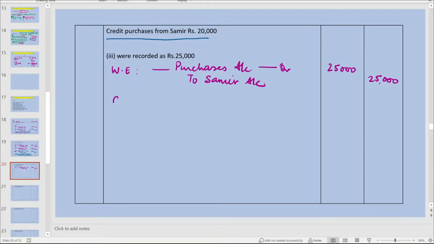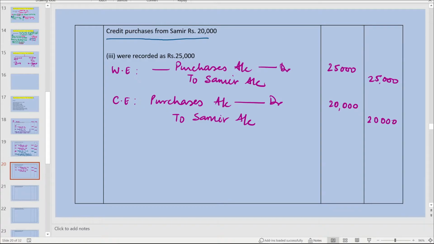And the correct entry which should have been passed was purchases account debit to Samir account, 20,000. Now you see there is 5,000 rupees which is in excess, the overcast amount.